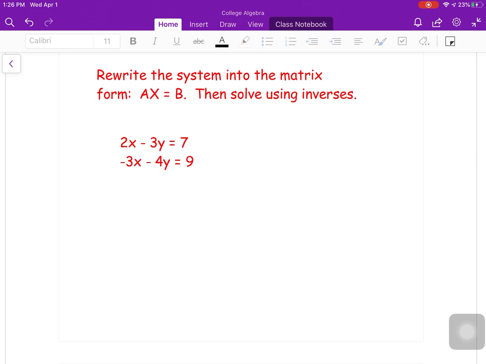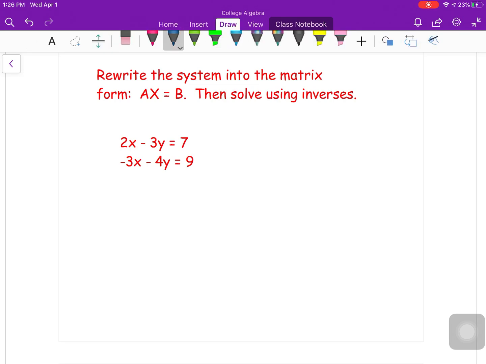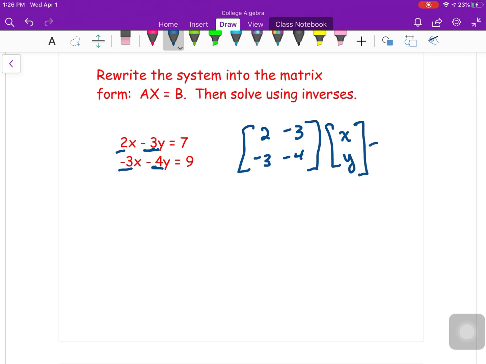All right, rewrite the matrix in the form AX equals B. Again, that means coefficient matrix times variable matrix equals solution matrix. So this means coefficients 2, negative 3, negative 3, negative 4, times variables. My variables are X, Y, should equal my solutions of 7 and 9.